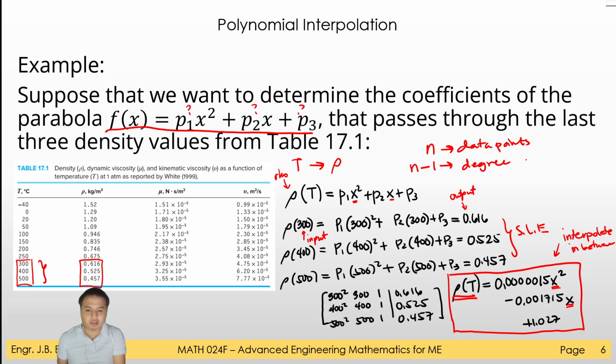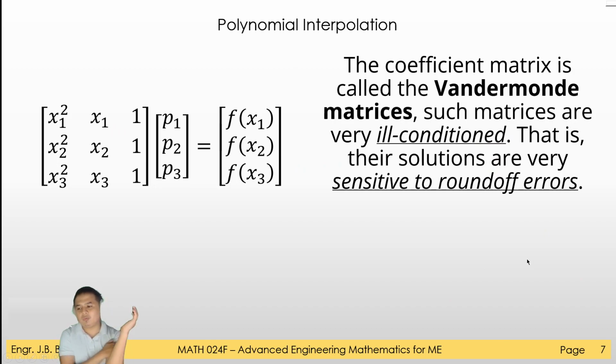So for this example, we have 3 data points, and this would be second degree, which is a quadratic function.